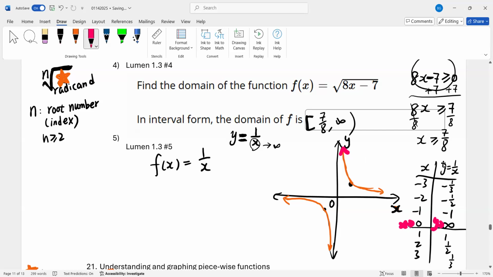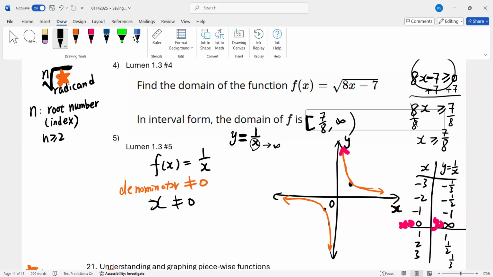So what's the domain of this function? We all know by common sense, the denominator cannot be 0, right? The denominator of this function is x. So x cannot be 0.